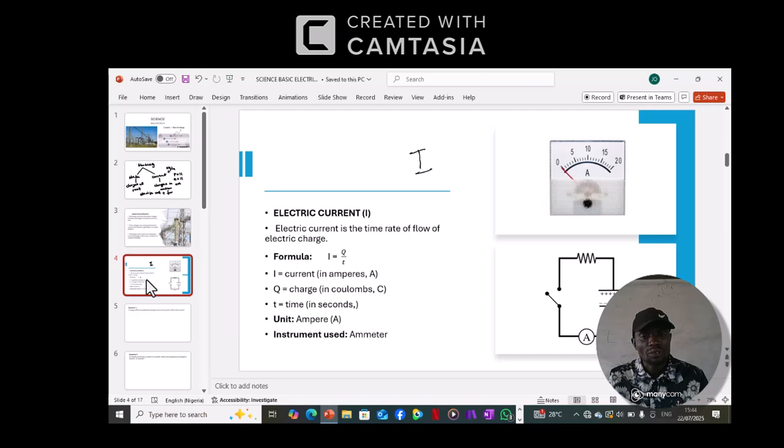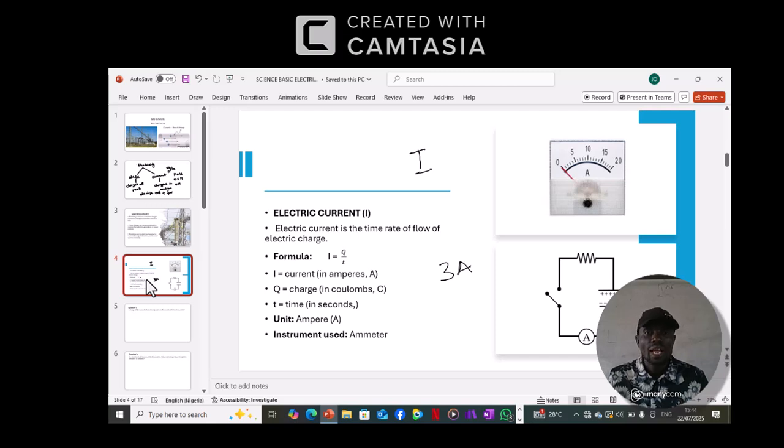You write ampere, or you write capital letter A. When you say 3 ampere, we are talking about current. Then Q is the quantity of charges in coulomb, the quantity that flows. Then T is the time.